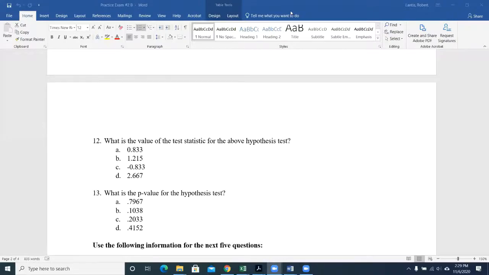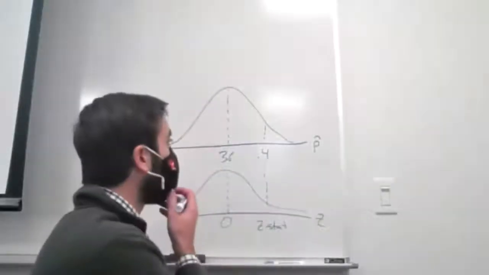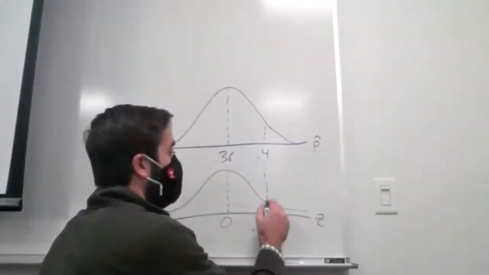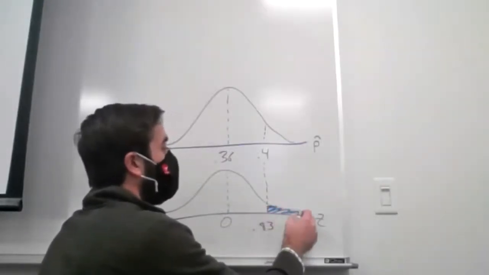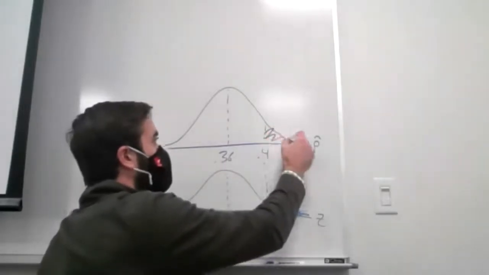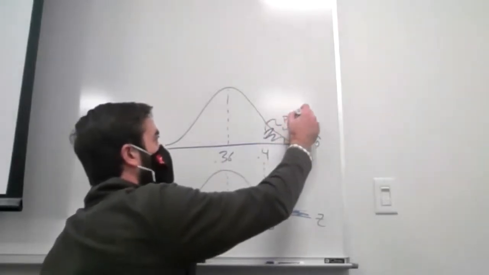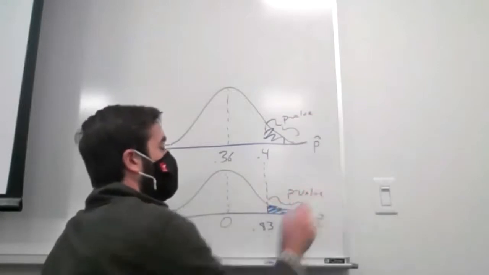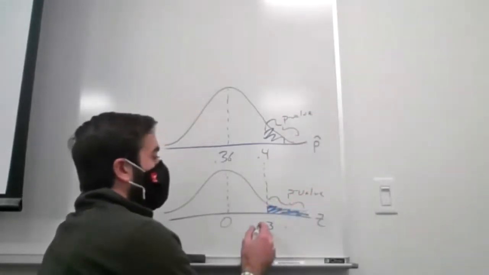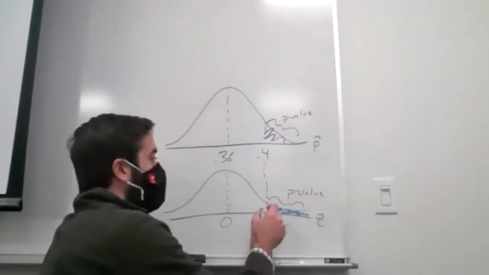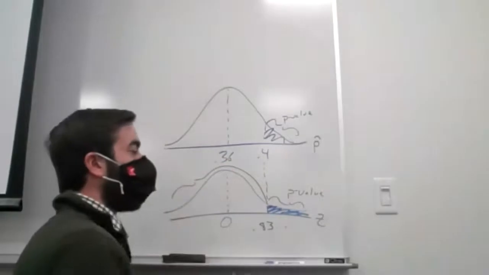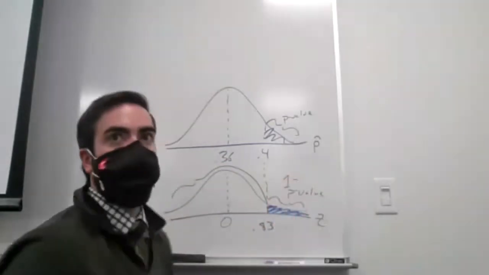So what is the p-value? The p-value is the probability that we saw this test statistic of 0.83 or anything further from that assumed true value. For this right-tailed test, I can look up 0.83. The table will tell me the area to the left, and I then need to subtract it from 1.